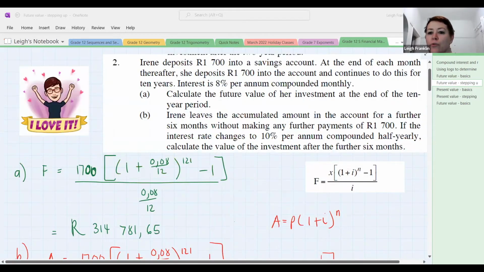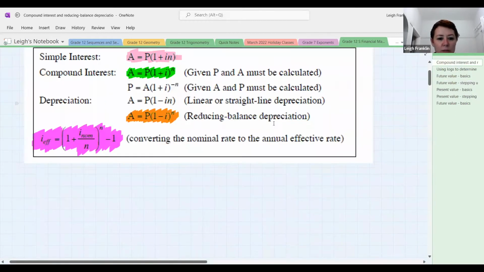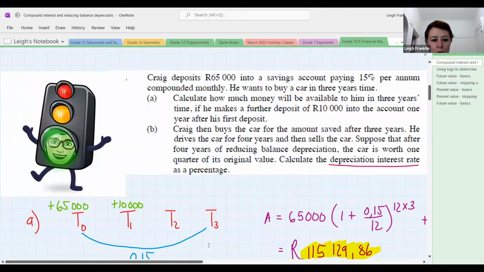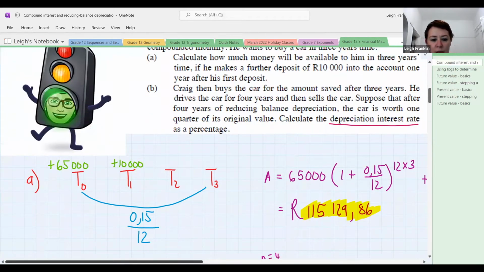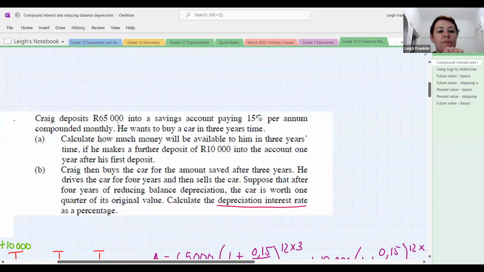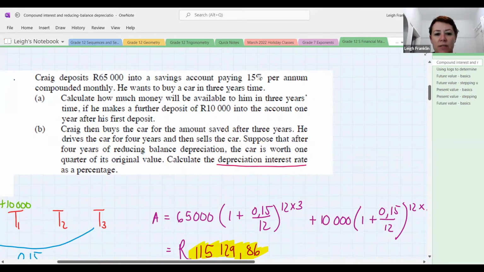Do you remember when we went back here? This is where we started. This was a question that we did together. Here's 65,000 Rand, paid into a savings account, paying 15% per annum compounded monthly. He wants to buy a car in 3 years' time. So we had to calculate how much money Craig had in 3 years' time. So why are we multiplying 12 times 3?